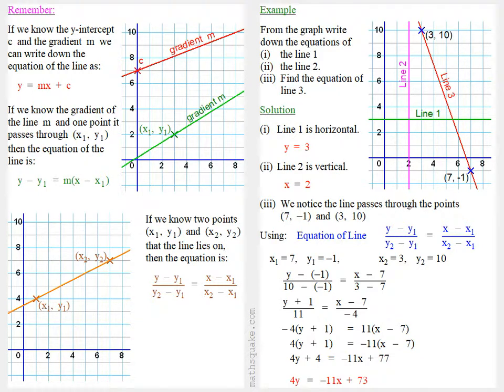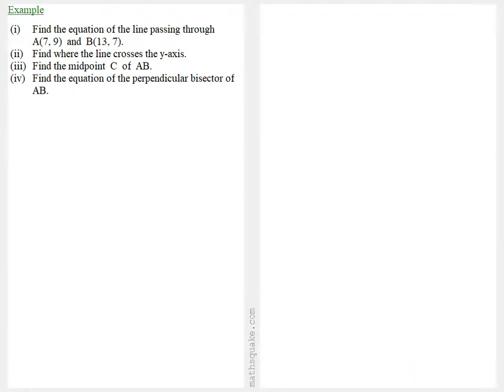Let's look at another example. In part 1 it says, find the equation of the line passing through (7, 9) and (13, 7). Well, if we use the equation of the line (y minus y1) over (y2 minus y1) equals (x minus x1) over (x2 minus x1), we have x1 is 7, y1 is 9, x2 is 13 and y2 is 7.